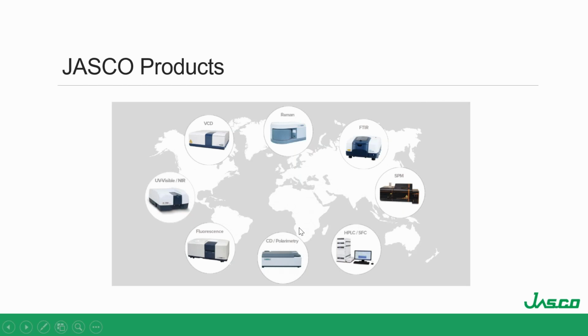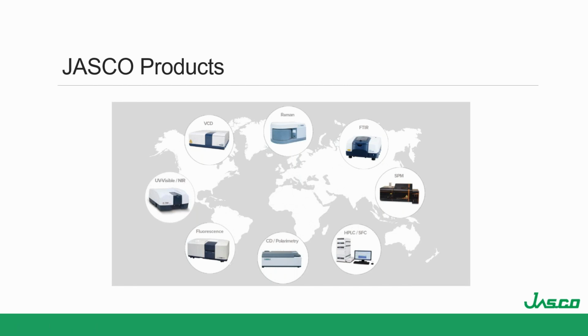So here are some of the products of all the instruments that JASCO has to offer. We have CD polarimetry, fluorescence, UV-Vis near IR, vibrational circular dichroism, confocal Raman, FTIR and FTIR microscopy, SPM, and then finally HPLC and SFC for the chromatographic line.